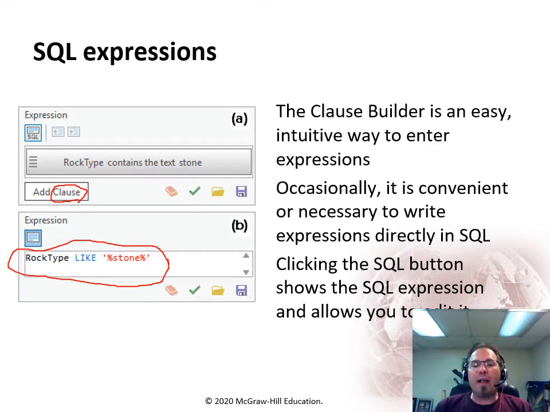In most cases it's much easier to use those drop-down menus, but sometimes you actually have to write the code. You'll notice here the like expression. We'll talk about that in the next slide, but this is one of those examples where you actually have to write a little bit of code. And when I say a little bit, you can see it there. It's not a lot at all.